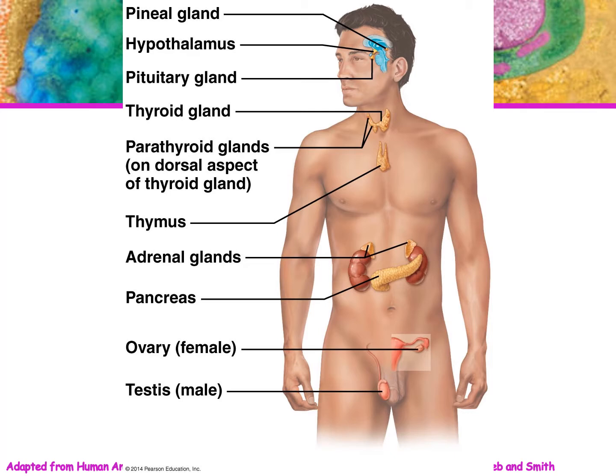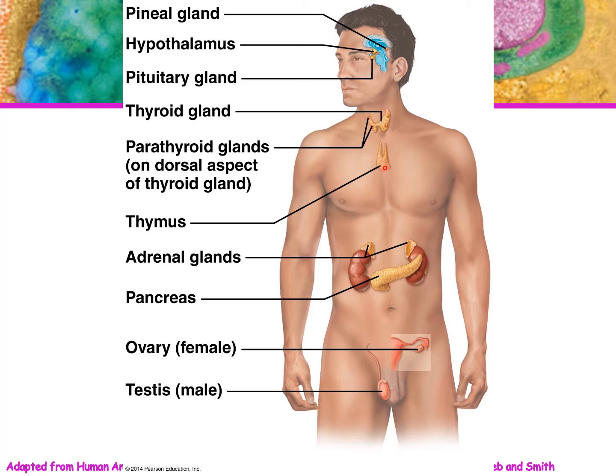And hanging off of the hypothalamus is the pituitary gland. As we move inferiorly, we can see the thyroid gland, which is a butterfly-shaped gland in the neck. And it consists of two lobes connected by an isthmus. On the posterior or dorsal aspect of the thyroid gland are the parathyroid glands.